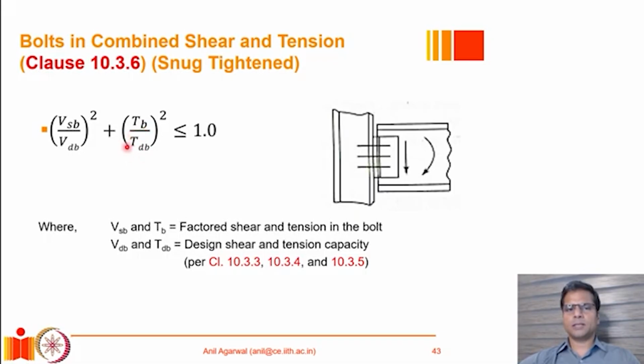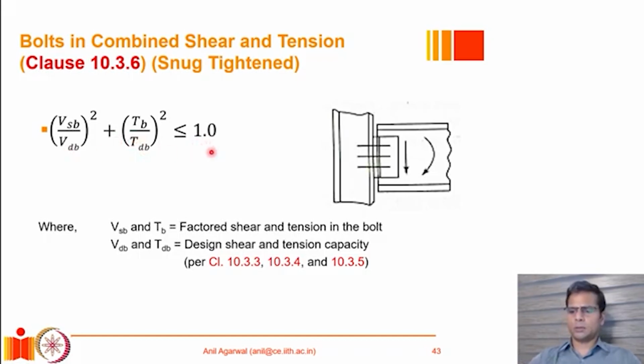This tension capacity is calculated as if there is no shear force acting on the bolt, and the shear capacity is calculated as if there is no tension acting on the bolt. And by the way, these capacities already include the material factors of safety, so that's why these are design strengths. Then in this interaction equation, we take the ratios and square both terms, and the summation of the two should be less than or equal to 1. This is the interaction equation.